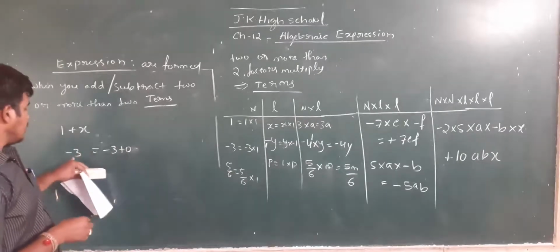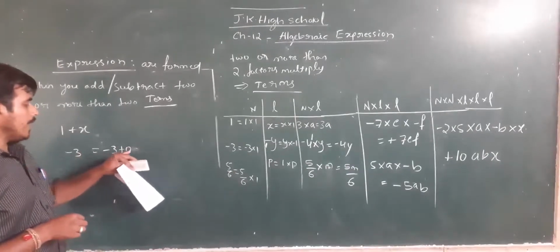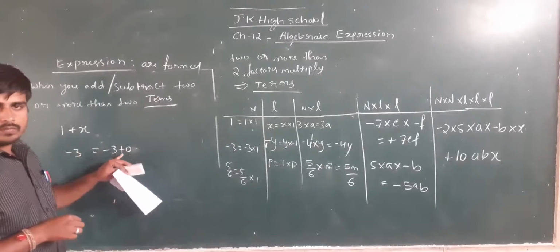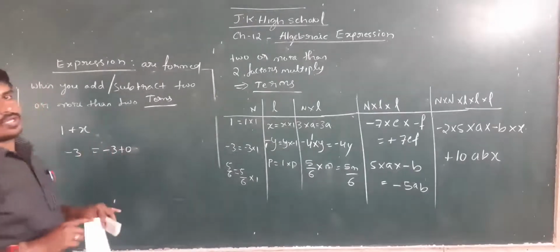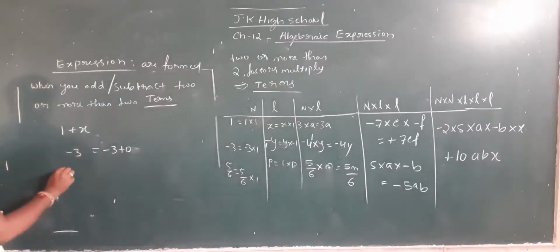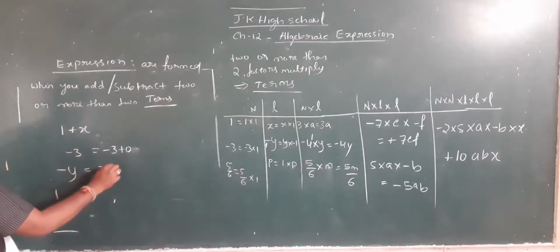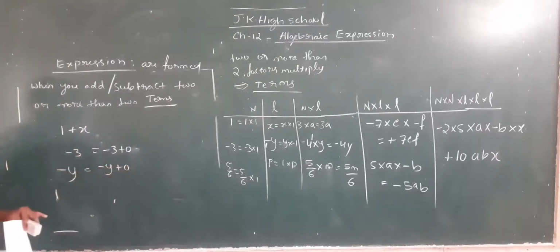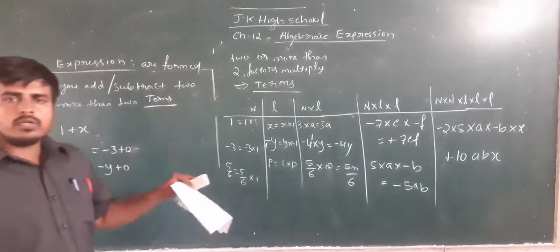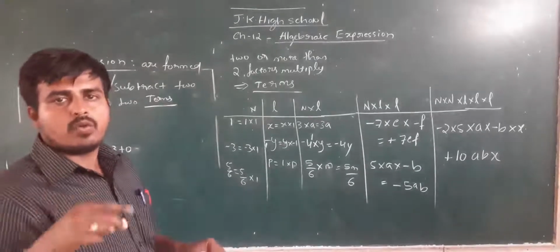So I can express this -3 in the form of addition of two terms. Therefore, it is also an expression. I can just say -y is also an expression, because -y can be written as -y plus 0. So if we add two or more than two terms, you will get an expression.